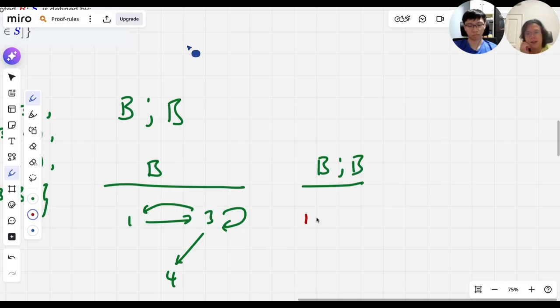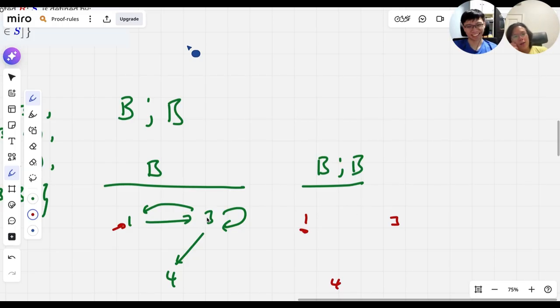For example, I have my usual 1, 3, and 4. Starting from 1, let's take one step in B. The only step I can take is to 3. Then I take another step, but from 3 I have three possibilities.